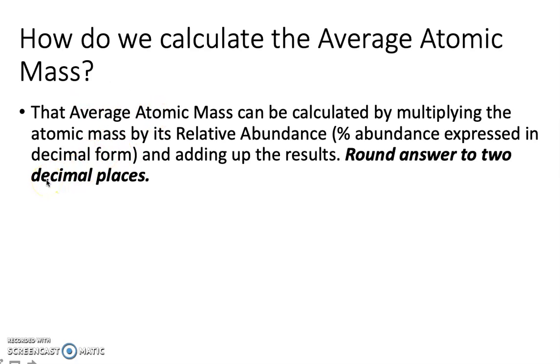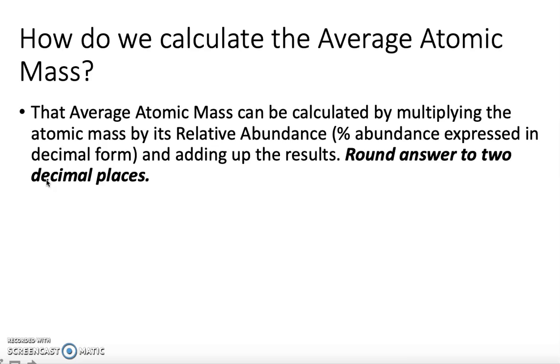What we just saw was percent abundance. Now we need to do the relative abundance. Relative abundance is where you convert the percent abundance to a decimal form. So you either use the percent key or divide by 100. Once you do that for each of the isotopes, you add up the results. Then finally, round your answer to 2 decimal places.